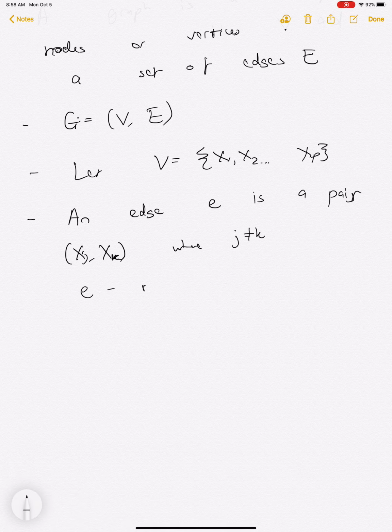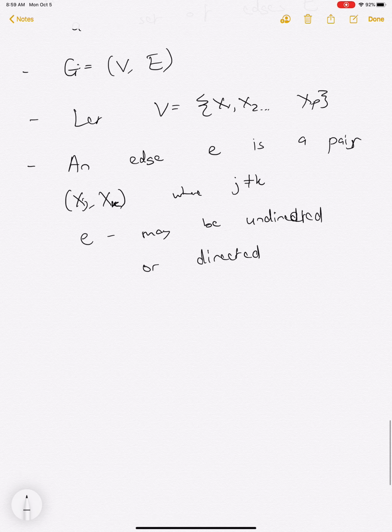E may be undirected or directed. Okay, so for example, if we have an undirected edge, that just looks like, say, xj and xk, and there's no direction in the edge.